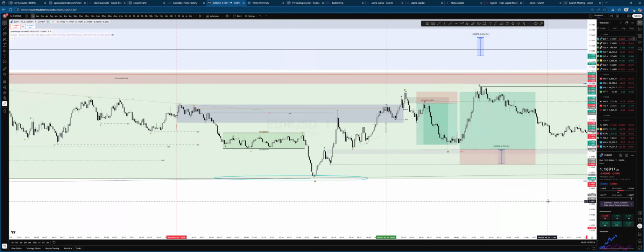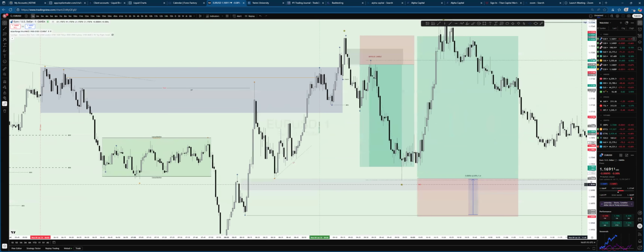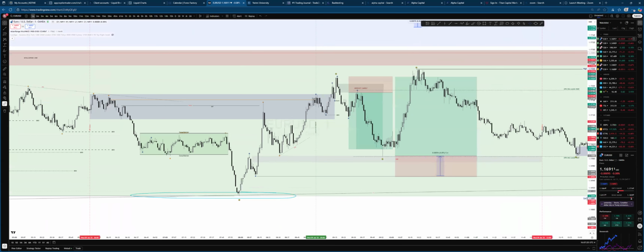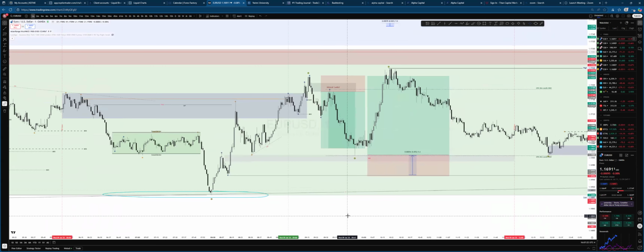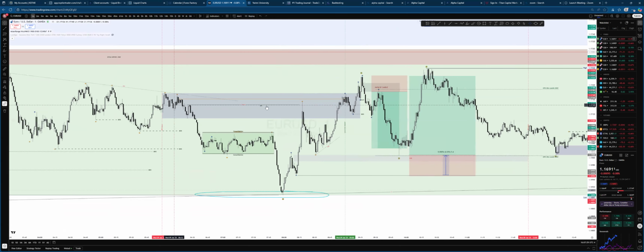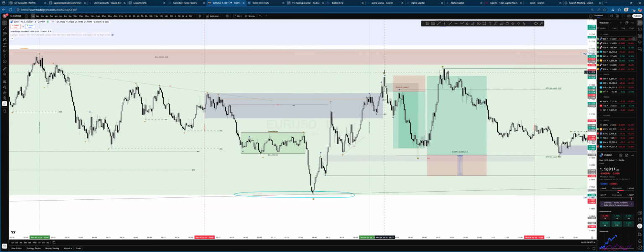Okay, boom. This is why I say this is one of my favorite types of entries, because it happens very often. It's a counter, but it's very easy to spot. When you see price, especially after it takes a few smart money traps and things like that, and it creates a structural high. It doesn't have to create the highest structure, but it broke a structure to the left.